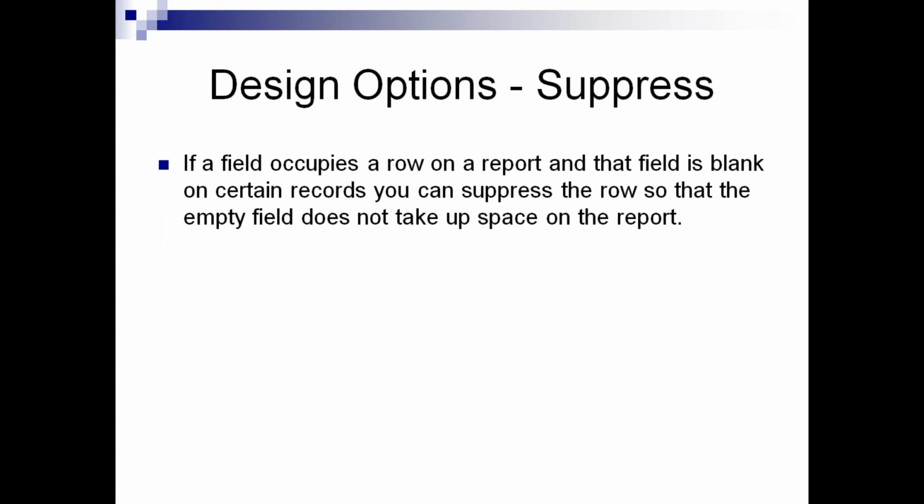That's the example we're going to use today. It could be other types of static information too, where some of your jobs have it, some of them don't. Employees the same, vendors the same. Do you want the report to leave that empty space on the report, or do you want to suppress that empty space?